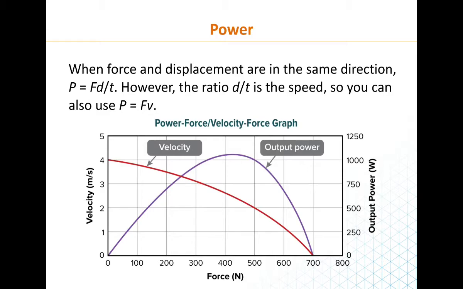That means when we have the law for the power, which is P equal to the work over T, and we said that the work equal to F d cosine theta over T. If the angle was 0, the cosine theta for the angle 0 should be 1.